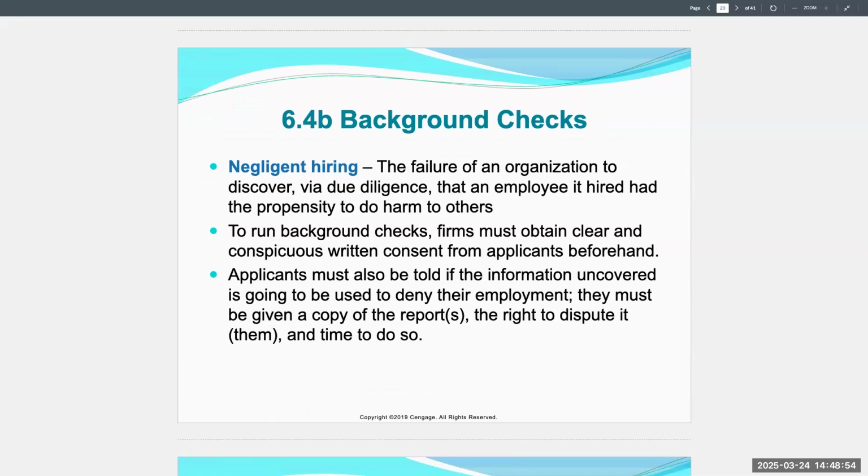Background checks typically cover criminal histories, employment verification, educational records, and in some industries, credit reports or driving records. But here are some key things that you should look for. They must be done with full transparency and consent. Employers are legally required to obtain clear written authorization from candidates before conducting the background check.